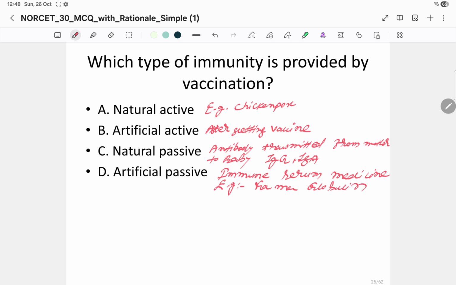Clear? So the correct answer here is option B. Antibodies made after getting a vaccination is called artificial active.